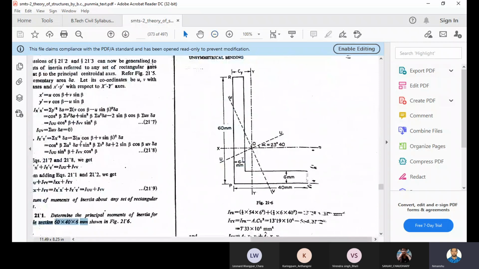So see, this is an unequal angle whose one leg is 40 mm, another leg is 60 mm. Okay, and the thickness of this angle is 6 mm. These dimensions are given. As you can see, both the legs are unequal. So this is an unequal angle.